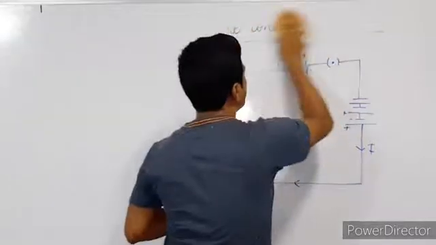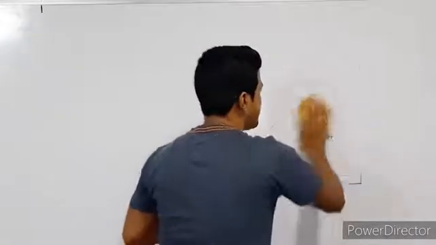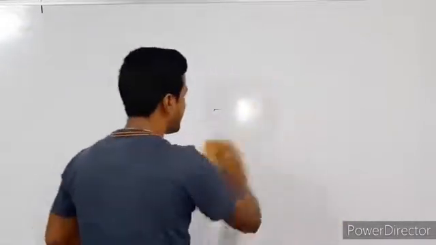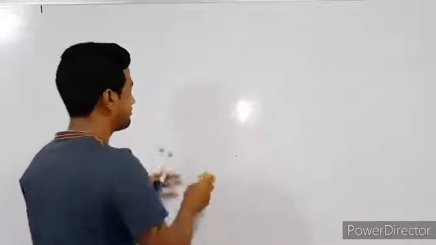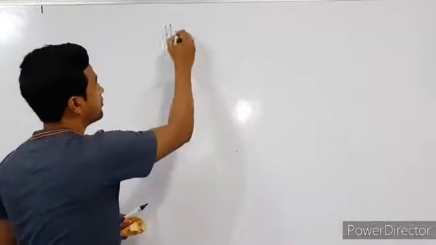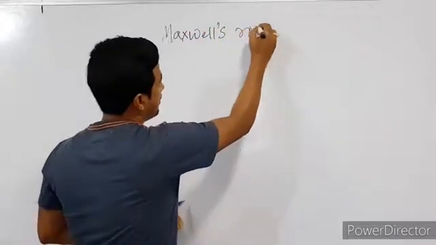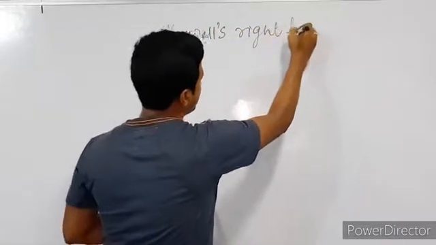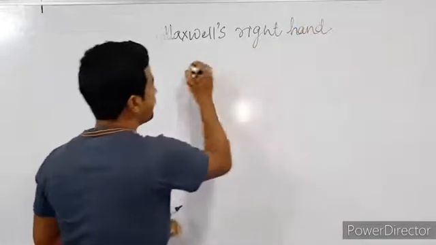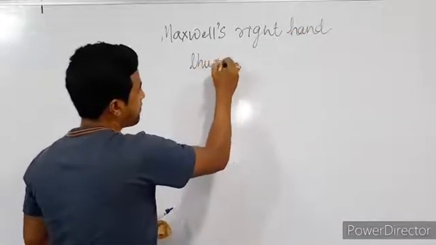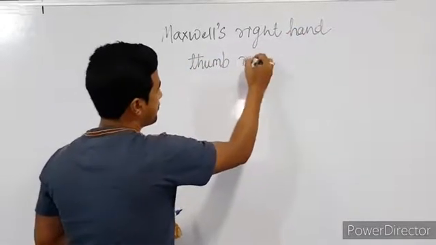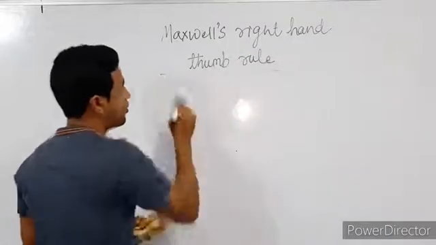So what is this thumb rule telling us? It's a very basic concept. Let's have a small activity. Maxwell's right hand thumb rule. So what is this all about?